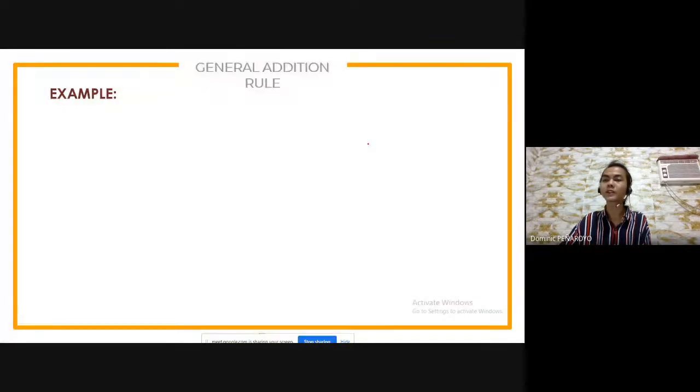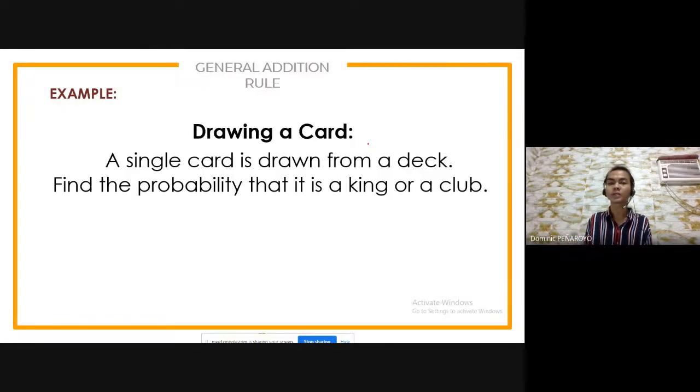Okay, so another example tayo. A single card is drawn from a deck. Find the probability that it is a king or a club. So, sa mga hindi masyadong nagsusugal, sa isang ordinary deck of cards, meron tayong 13 na diamonds, 13 na hearts, 13 na clubs, and 13 na spades.